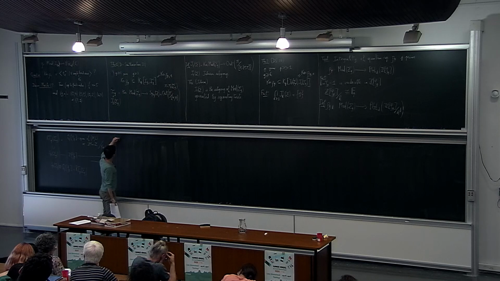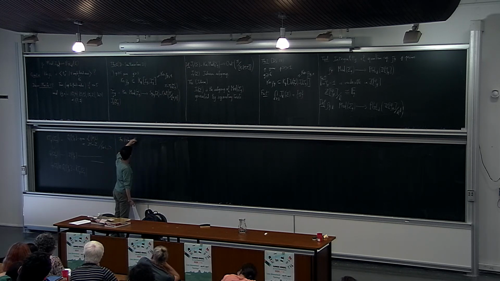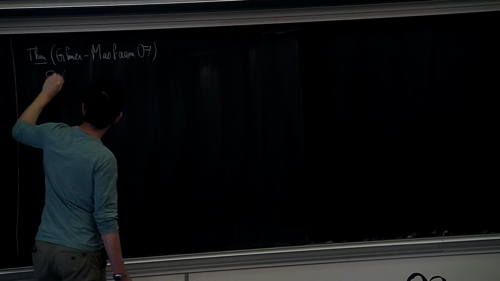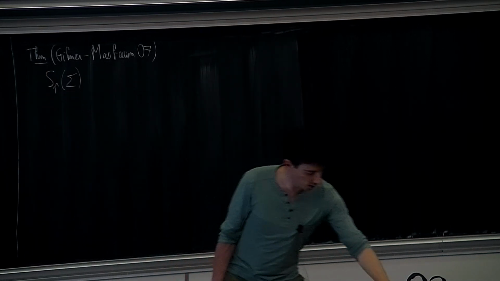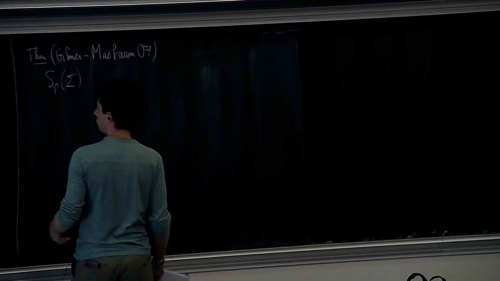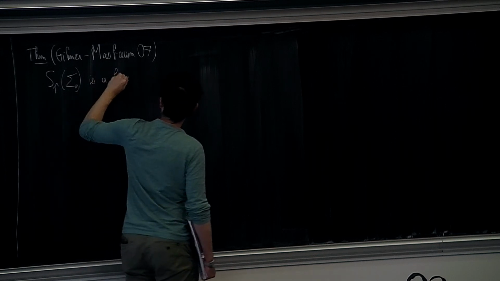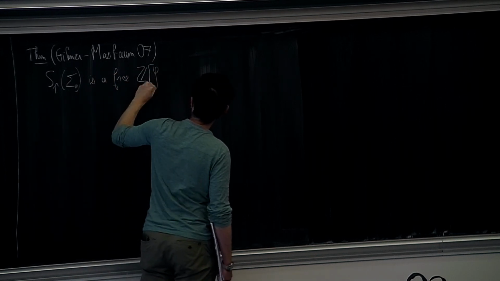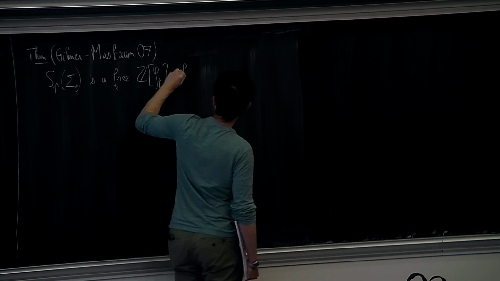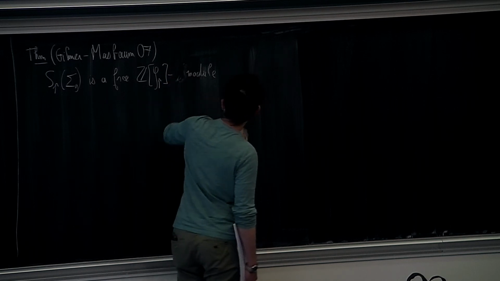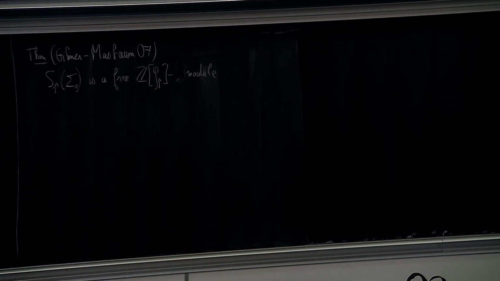But the theorem of Gilmer and Masbaum in 2007 is that this guy is actually a free Z[zeta_p] submodule, of the same rank as the dimension of this vector space.